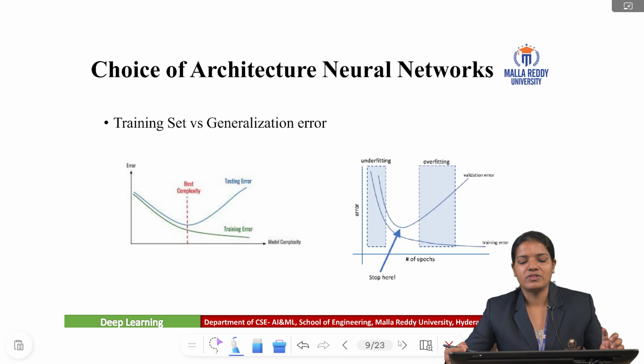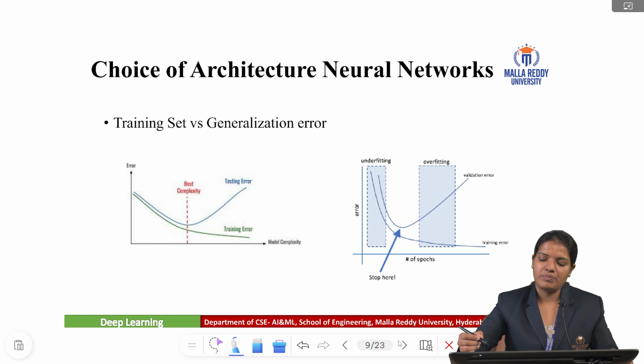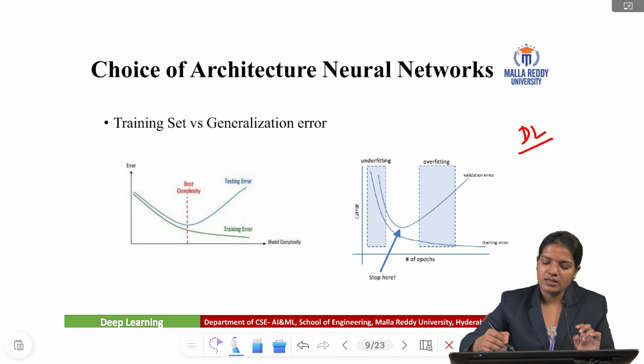Next is the choice of the neural network architecture. How will we choose the deep neural network? We should choose a deep learning network that does not show any underfitting or overfitting problem. The underfitting problem mainly happens when too few hidden layers are used.